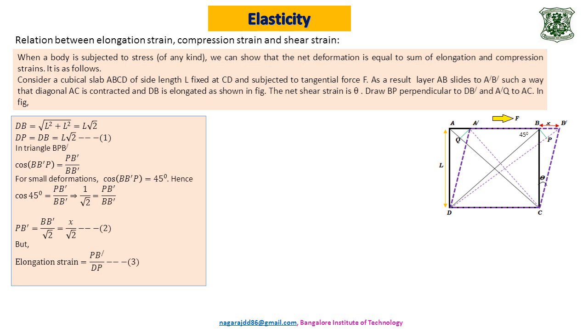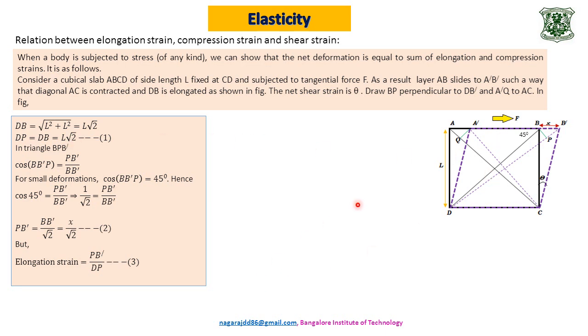In triangle ADB, you apply Pythagoras theorem. So DB comes out to be square root of L square plus L square, that is equal to L into root 2. Just now I said DB is equal to DP. Therefore, DB equals DP equals L into root 2.